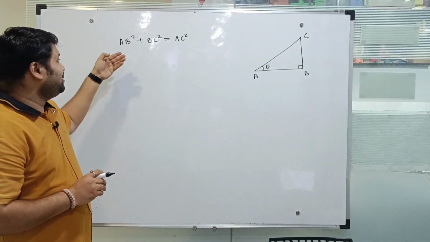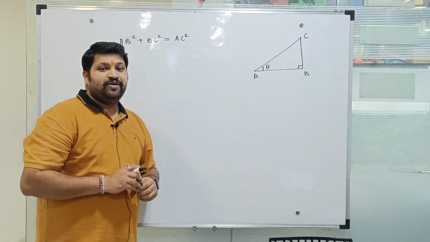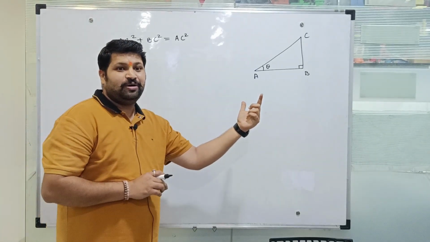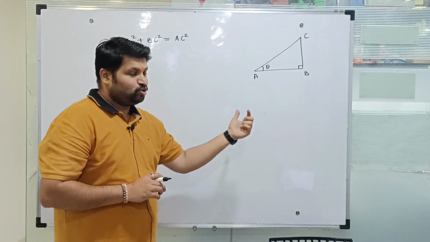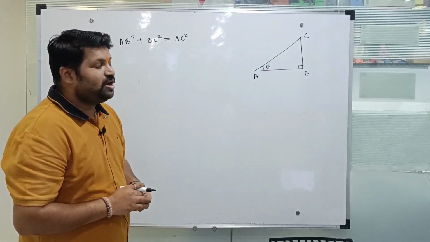Now yesterday we divided both the sides by AC square. Today we want to find tan. Tan is opposite side upon adjacent side. So the adjacent side, that is AB, is going to be on the denominator side.